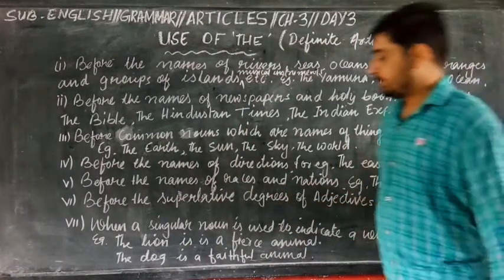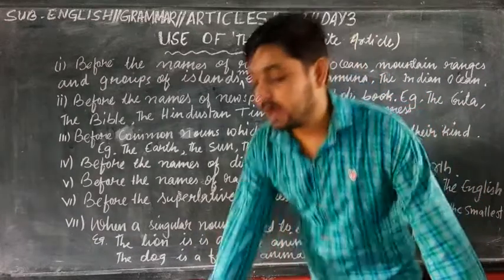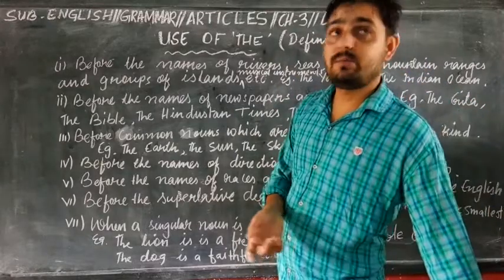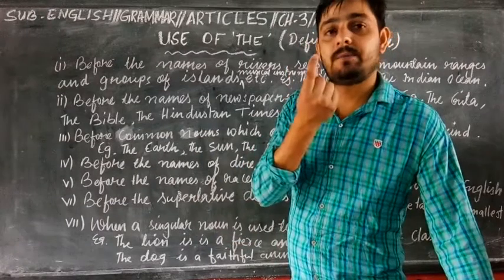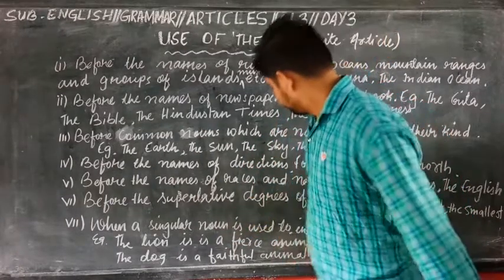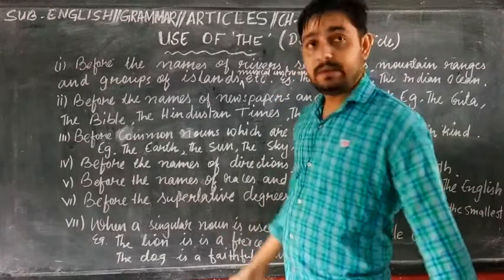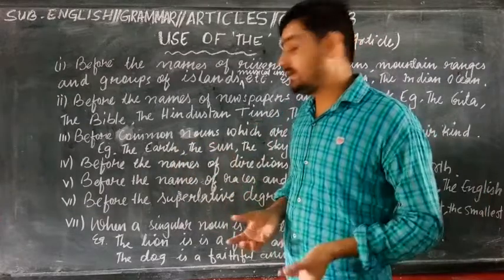We can also write a, but when we write a, then we are not talking about the whole lion, we are talking about only one particular lion. So that's why here the lion is a fierce animal. It means all the lions are very fierce animals.